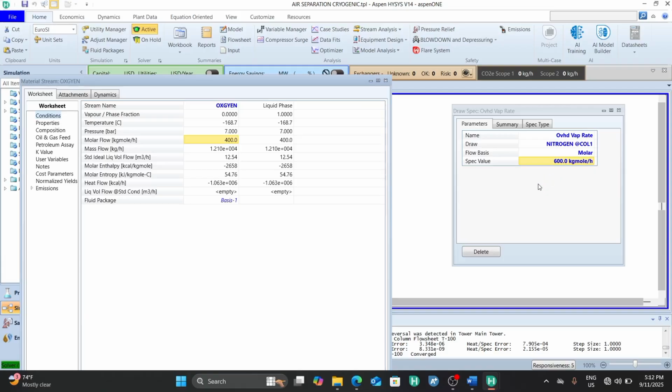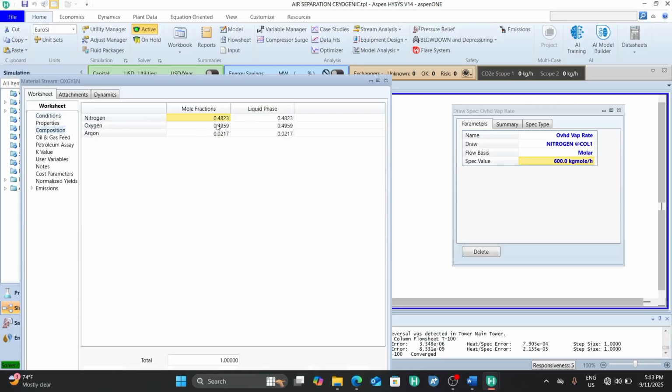So it's more like an iteration process that we have to manually do. So we're currently having 400 for the flow rate of our oxygen, and we're currently at 49.59. So we go 0.4959 multiplied by 400, and that gives us 198.36.